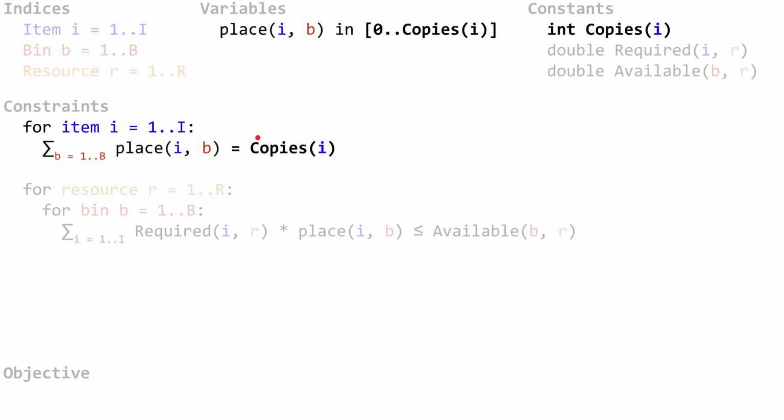And then, in the constraint, you have that this equals the number of copies, because you have to place all of the copies of each item. By the way, I encourage you to hit pause anytime you want to spend a bit more time reading these formulations. I think it's very useful if you find time to actually understand them well.